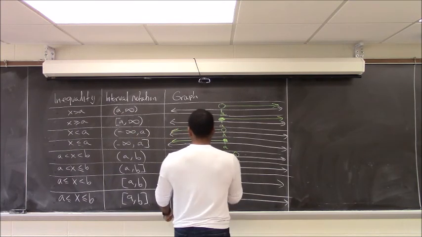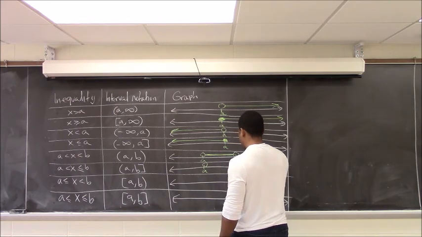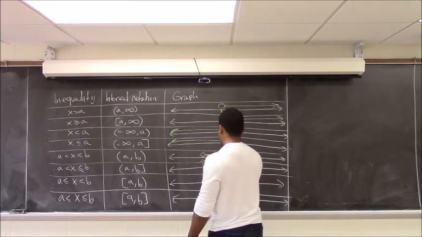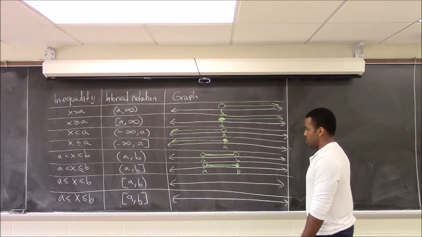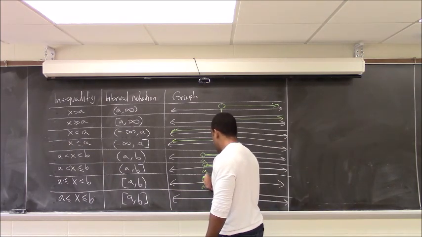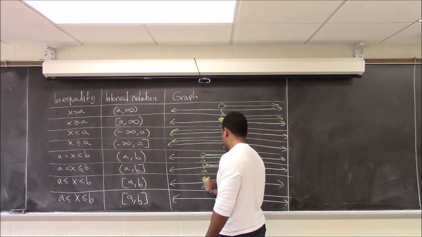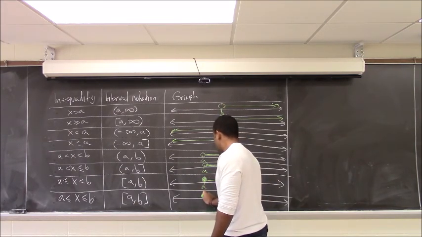But once you can be equal to something, you put a closed circle. And then you draw a line that covers all the real numbers that would make this thing work. So this here is shaded, that is unshaded, and for here, both of them are shaded.